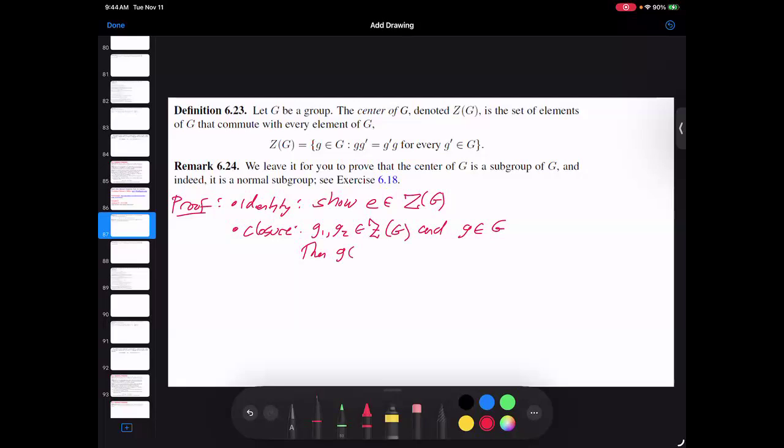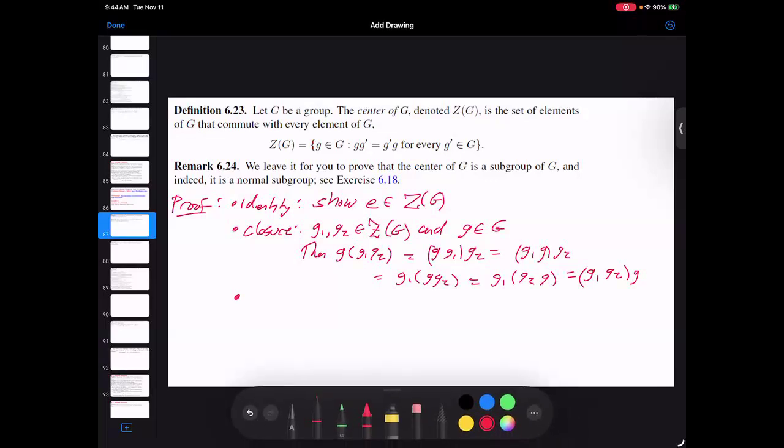So g1g2 g is g1 g g2, just doing associativity really slowly, is g g1 g2, is g g1 g2. That does show that g could be any element in G, then just using associativity up the wazoo, we slowly move things over one at a time. You first move g1, then you move g2. Okay, what else do we have to do?